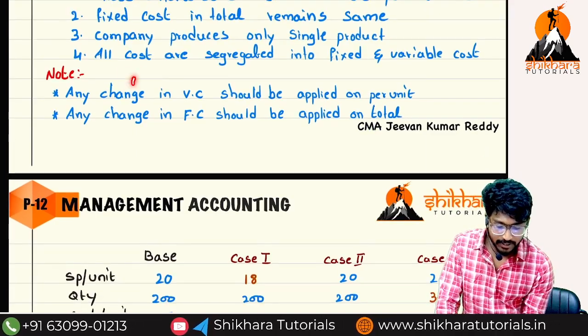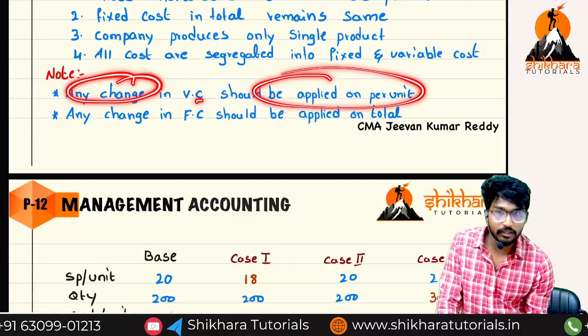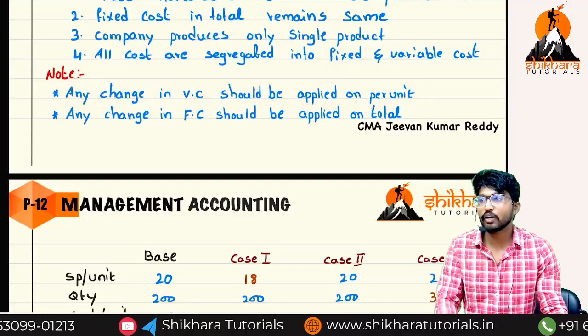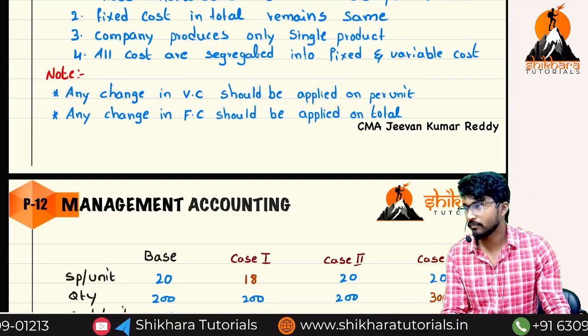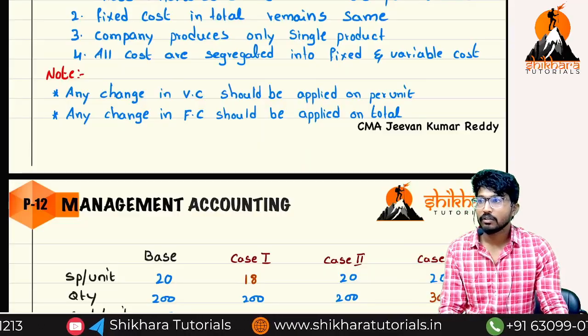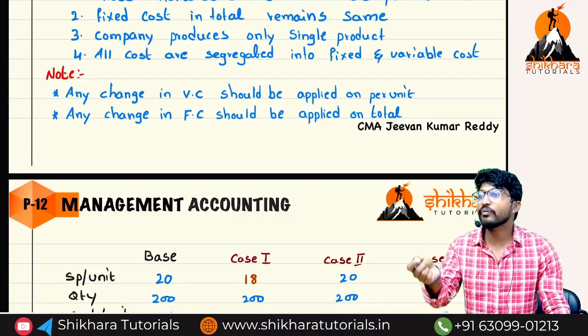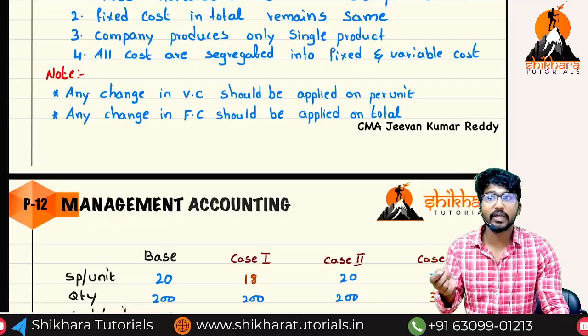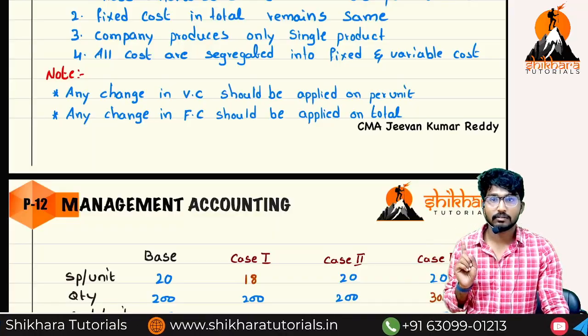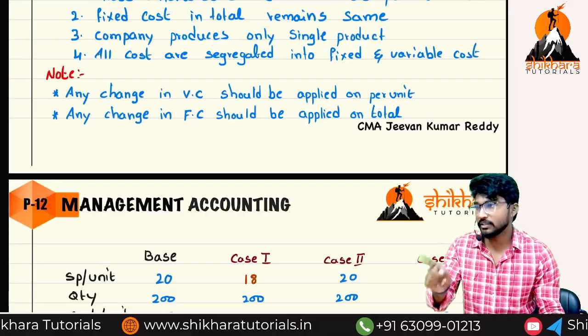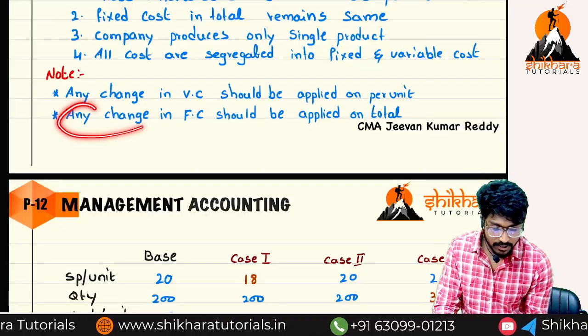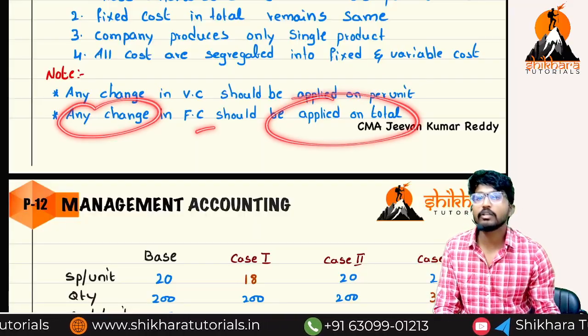Next, any change in variable cost should be applied on a per unit basis. If you get any change in the question, it must be applied on a per unit basis, not total basis. Why? It is constant. Any change in fixed cost should be applied in total.